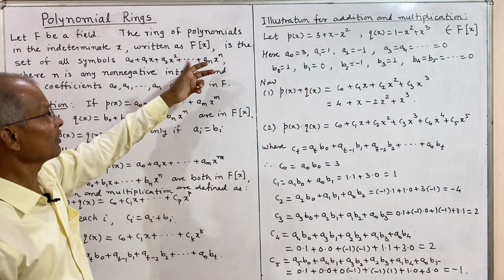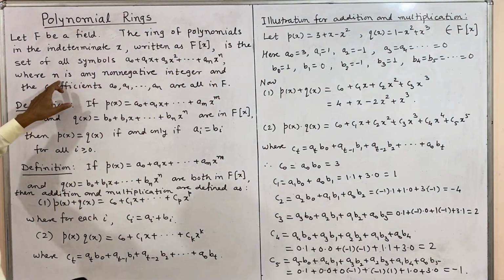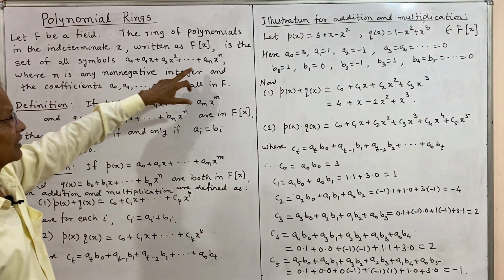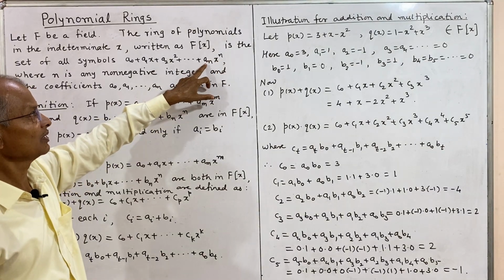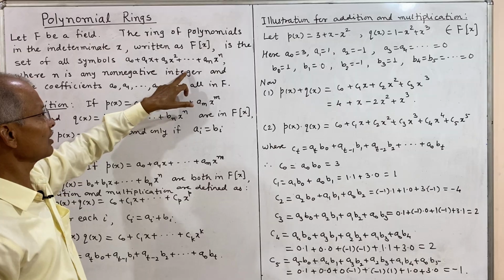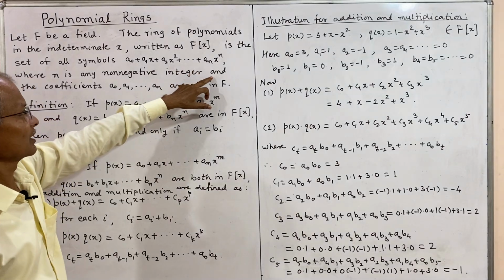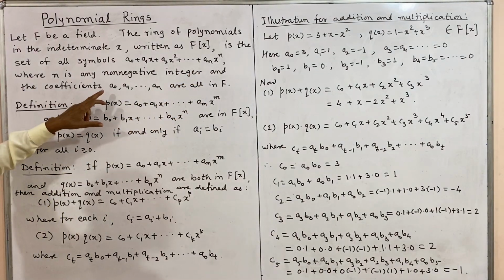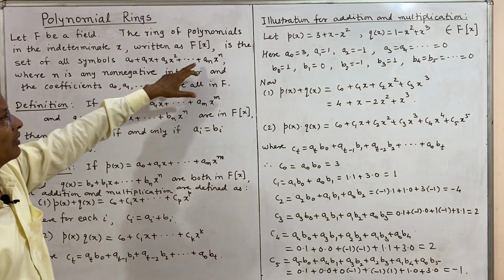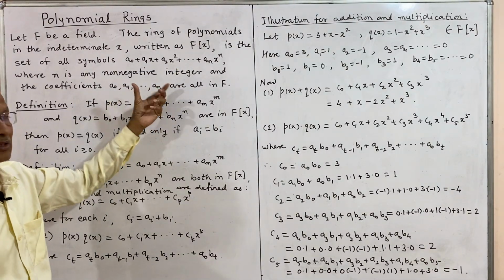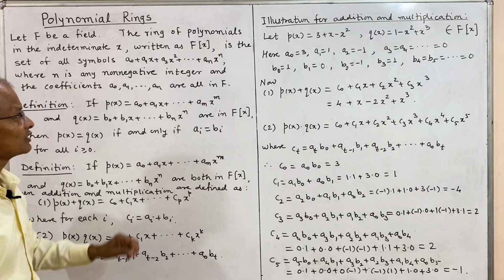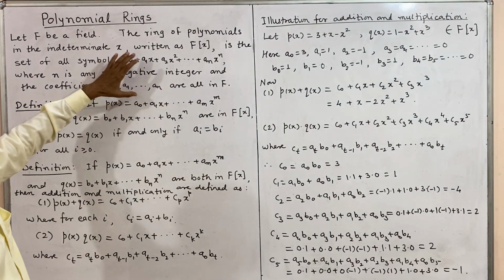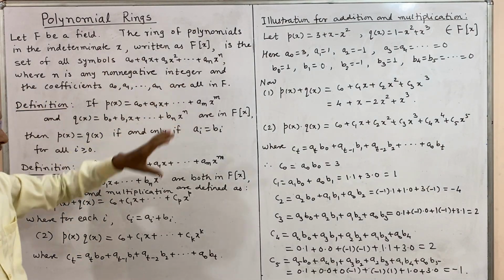This is an nth degree polynomial, where n is any non-negative integer, and the coefficients a0, a1, a2, an are all elements in the field. The coefficients are elements of the field. So such a set we shall consider, the set of all polynomials.